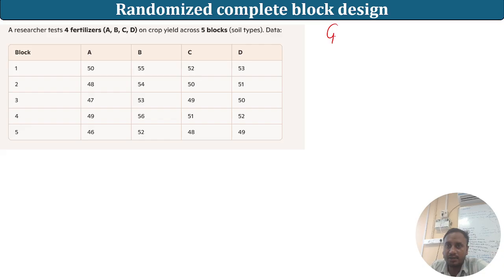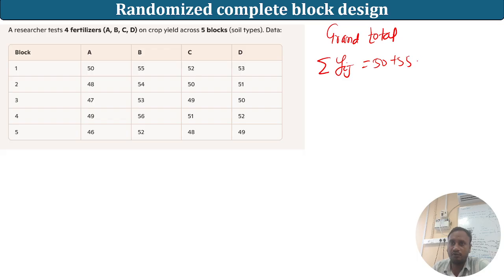So now the first step will be the grand total, the summation of Yij: 50, 55, 52, 53, 48, 54, till 49.